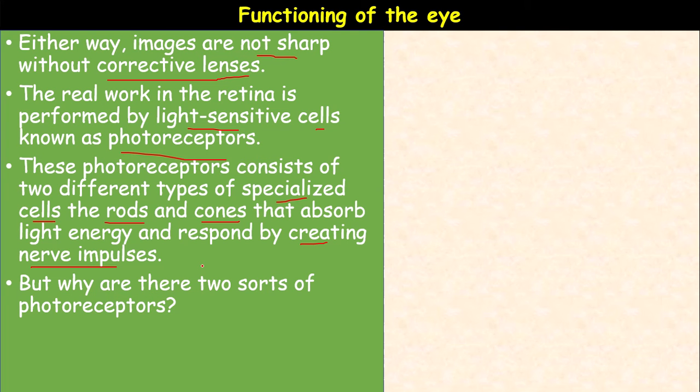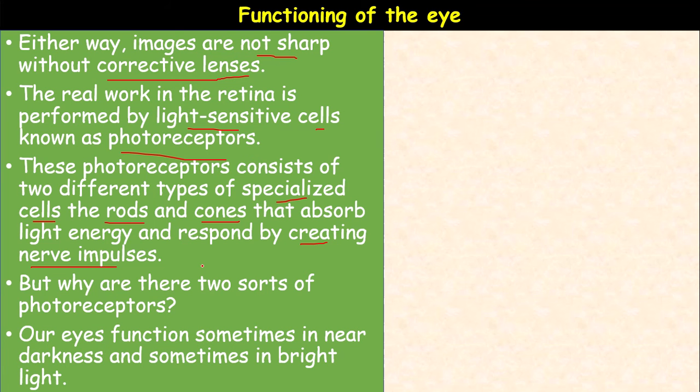But why are there two sorts of photoreceptors? Our eyes function sometimes in near darkness and sometimes in bright light, isn't it?